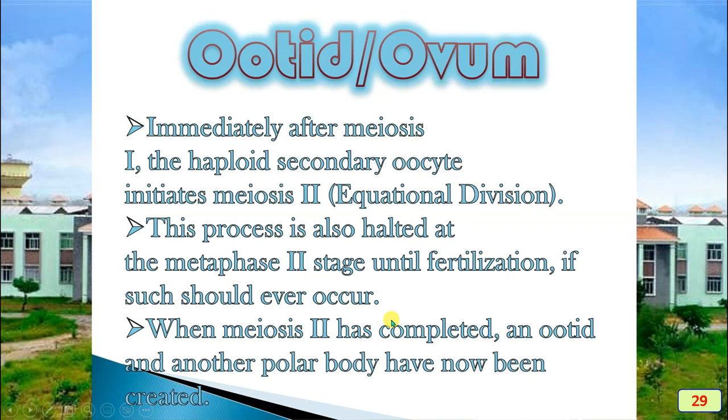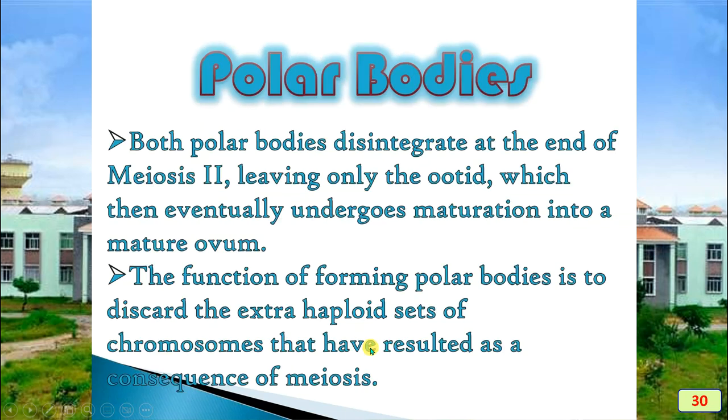Immediately after meiosis 1, the haploid secondary oocyte initiates the equational division, and this process is also halted at metaphase 2 until fertilization occurs. When meiosis 2 has completed, an ovum and another polar body have been created.